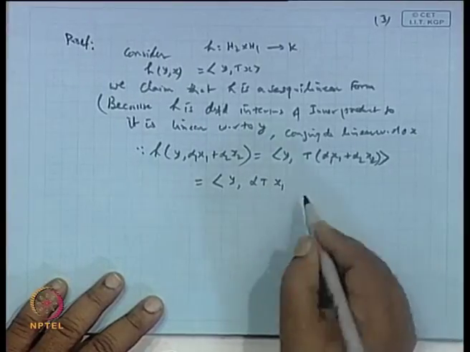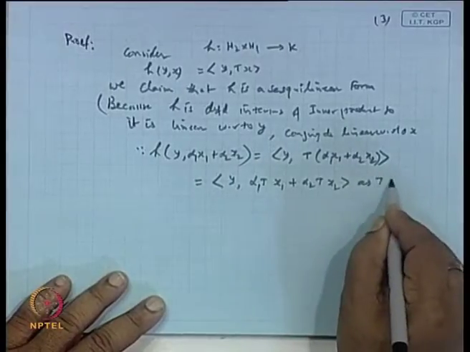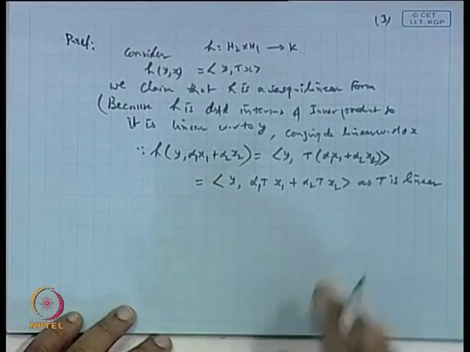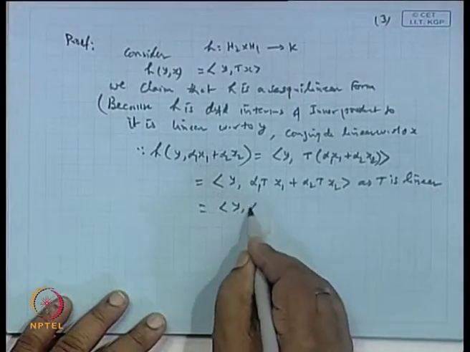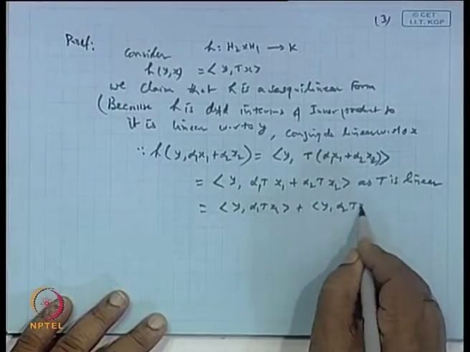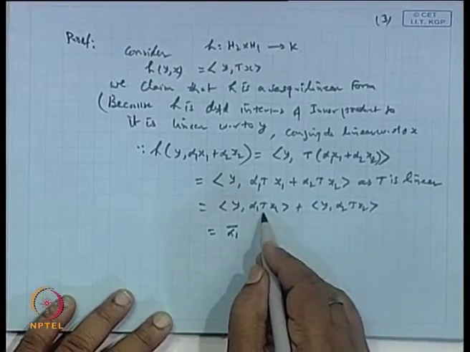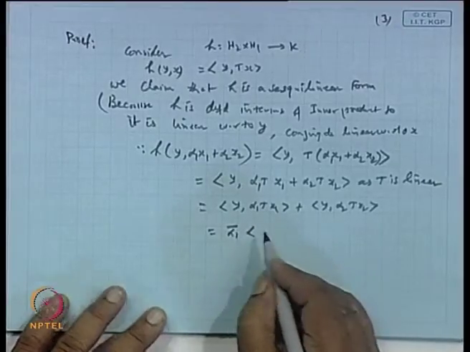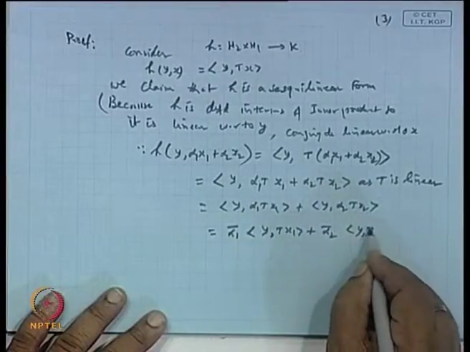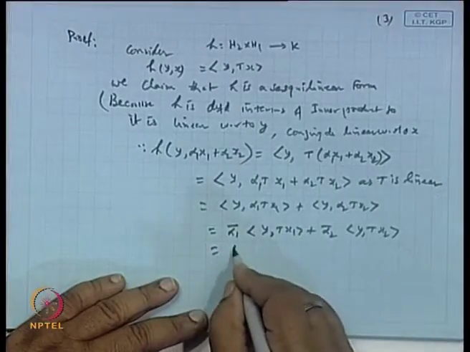So, we can write T of alpha 1 x 1 plus alpha 2 x 2 as alpha 1 T x 1 plus alpha 2 T x 2, as T is linear. Is it okay? Now, this can be written as (y, alpha 1 T x 1) plus (y, alpha 2 T x 2), and this can be written alpha 1 conjugate, because it is inner product. So, alpha 1 can be taken outside. So, it becomes alpha 1 conjugate (y, T x 1) plus alpha 2 conjugate (y, T x 2), and this can be written as alpha 1 bar.